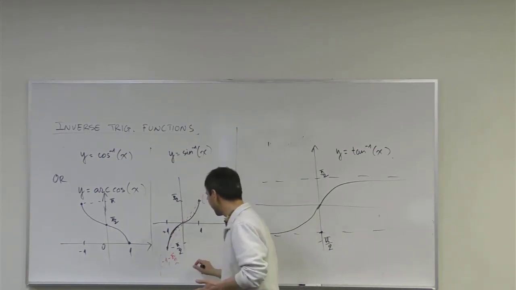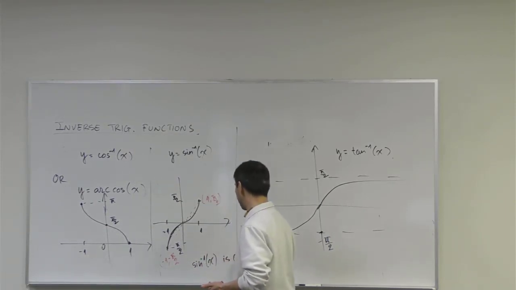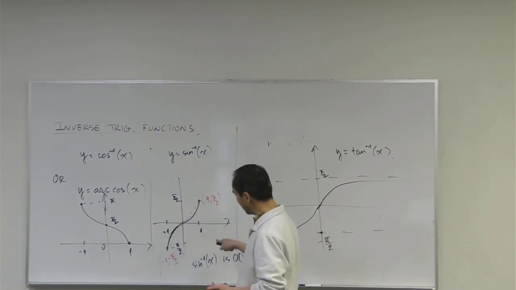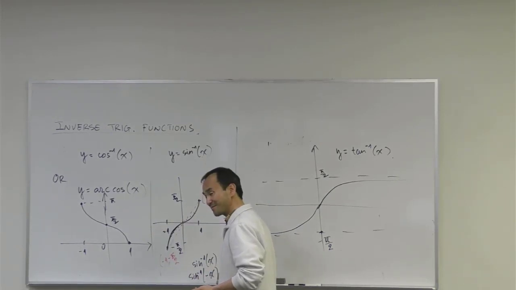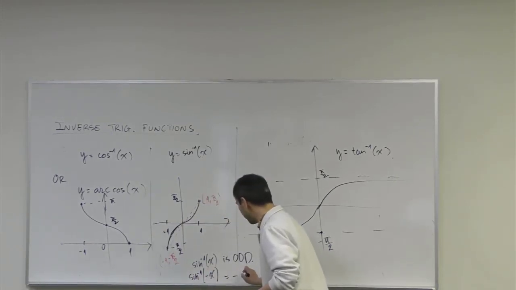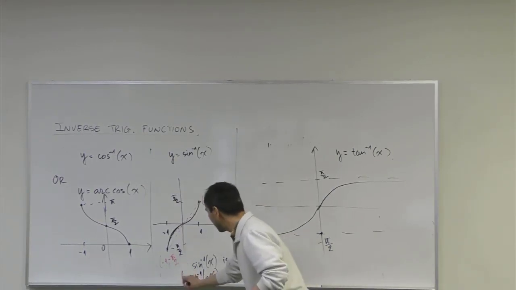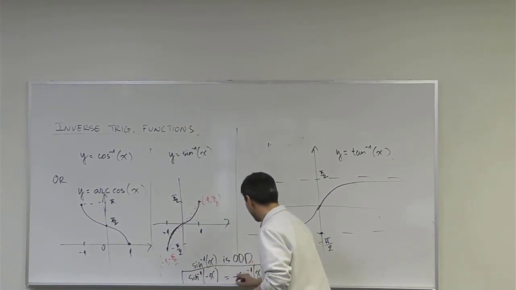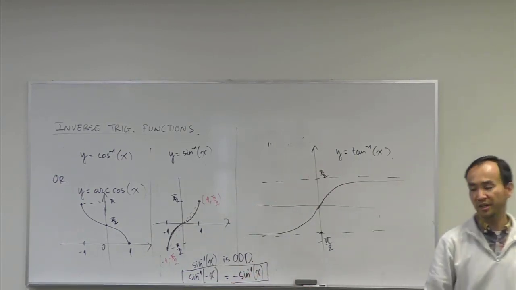Once we define it as a function, sine inverse of x is odd, which further means that if you take negative inputs, it comes out as minus the sine inverse of the ordinary input x. That's the fundamental relationship.